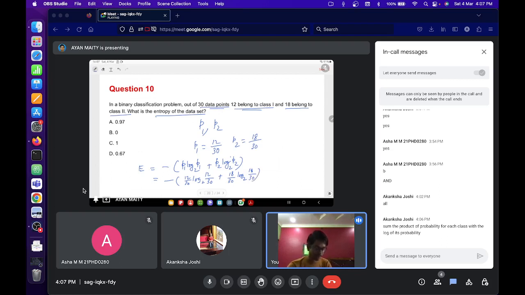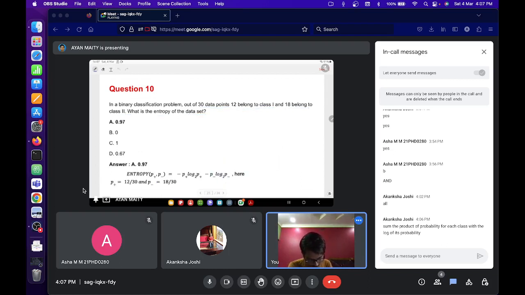This is the way you find the entropy, and once you do, you will get option A, which is 0.97.